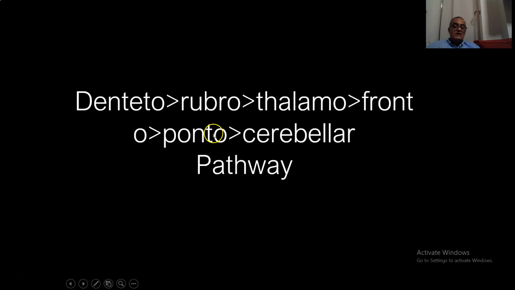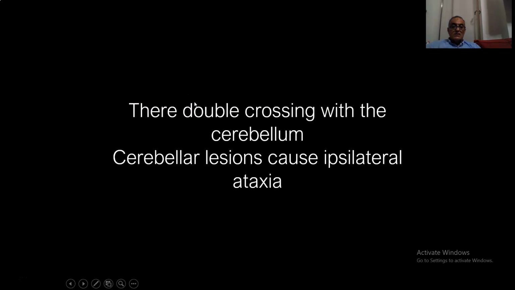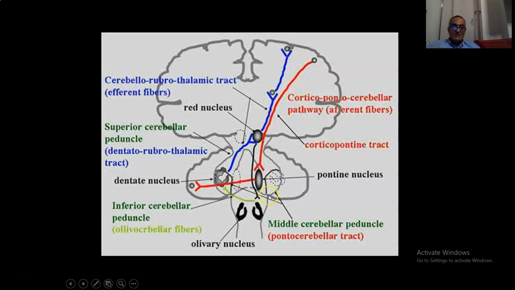So the middle cerebellar peduncle is carrying the afferent to the cerebellum, and the superior cerebellar peduncle is carrying the efferent from the cerebellum to the red nucleus. The double crossing with the cerebellum, as we said, causes ipsilateral ataxia. And we'll see it here.